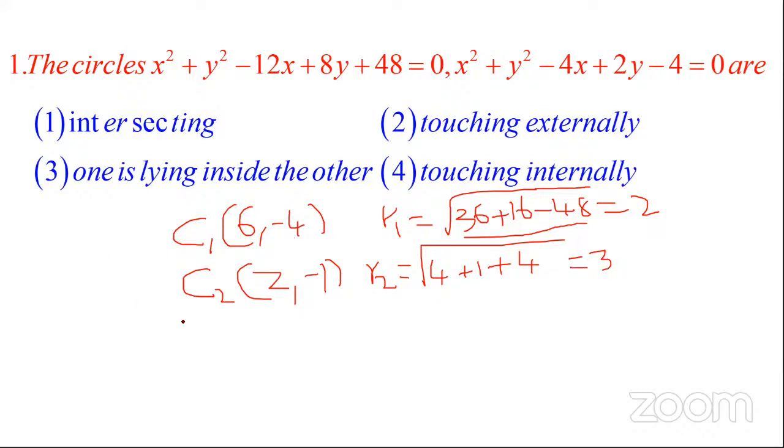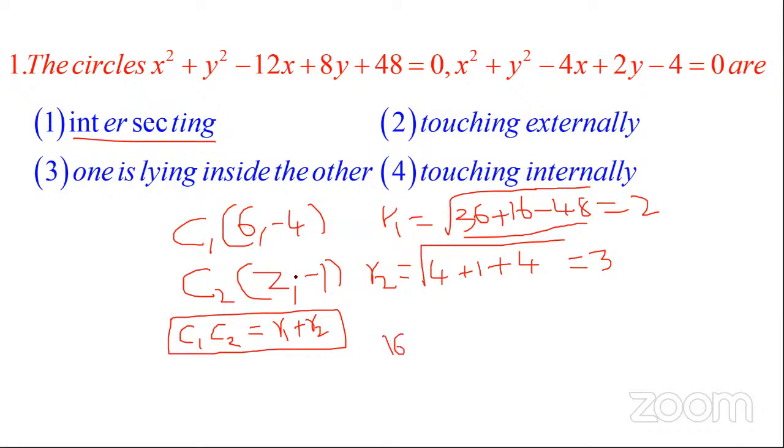Then we have to check C1 C2 equal to R1 plus R2. Intersecting means C1 C2 is equal to mod of R1 minus R2. C1 C2 is the distance between the centers. 2 minus 6 is 4, 4 square is 16, plus minus 1 plus 4, 3 square is 9.